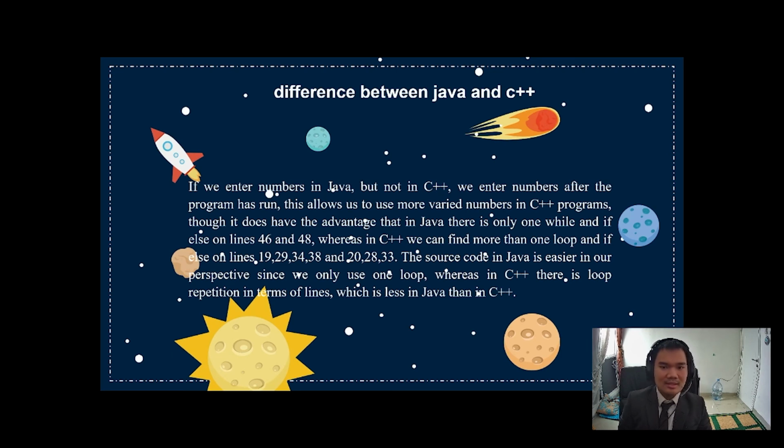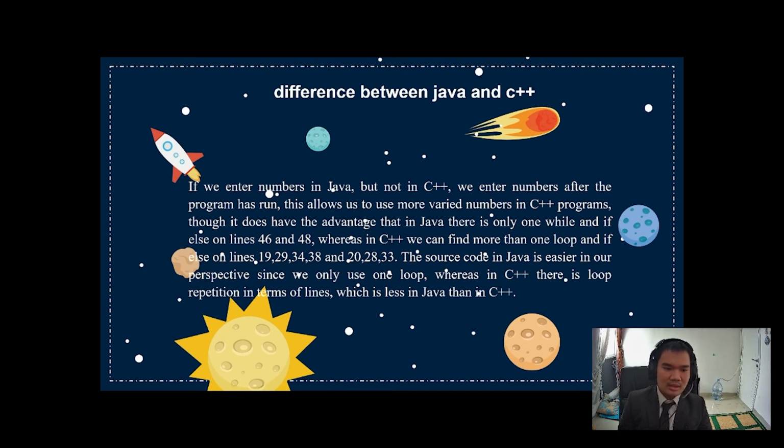Okay, the difference between Java and C++. If we enter numbers in Java, it is not the same as in C++; in C++ we enter numbers after the program has run. This allows us to use more varied numbers in the C++ program.